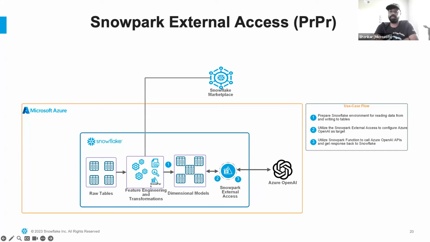So all the data transformations and everything happens within Snowflake, and you can use the Snowpark UDF to basically call the external access, which can send a request to OpenAI and get the response back, and the data is already available in Snowflake that you can either use for downstream processing, or most likely the use case is going to write it to another table, which is then used for analytics or combining with the existing data that's already available in Snowflake.